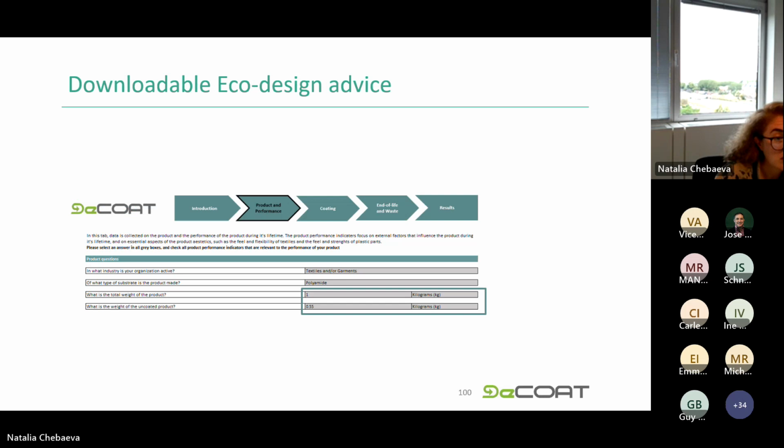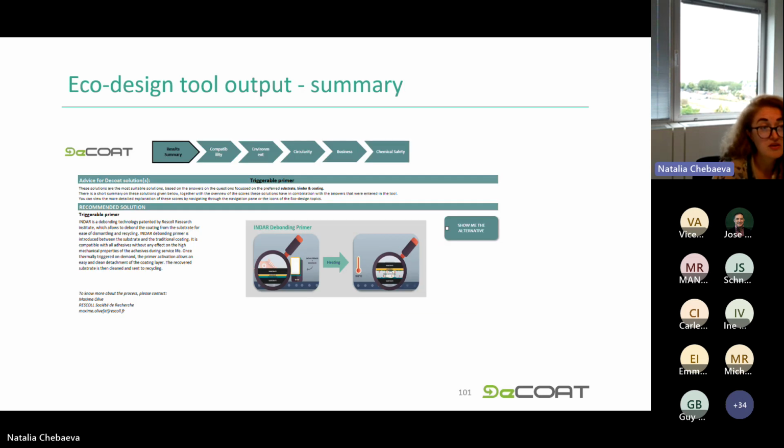It also asks very similar but more detailed questions about the coating, such as the area of coating, and more specification about the end of life and waste scenarios, for example, if you plan to recover post-consumer or post-industrial waste. As a result, there is a summary that brings you to the same result of a recommended solution, but with more information taken into account. And you also have a possibility to check the alternative solution.